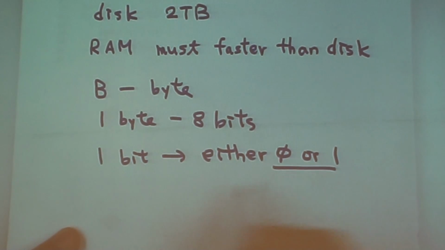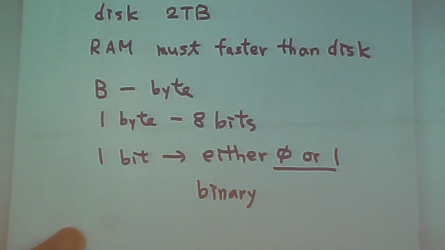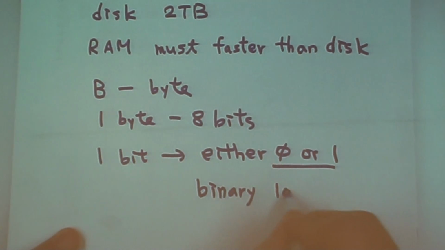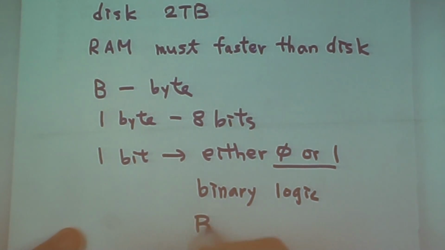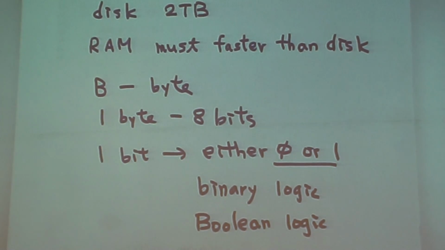And this means it's binary. Either 0 or 1 means binary. We call it binary logic. We also call it Boolean logic, because a mathematician developed the mathematics behind binary logic.